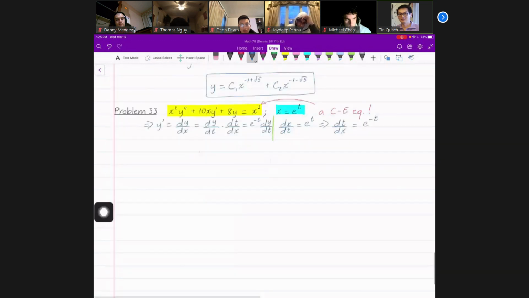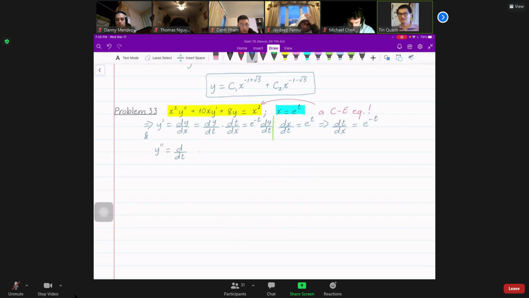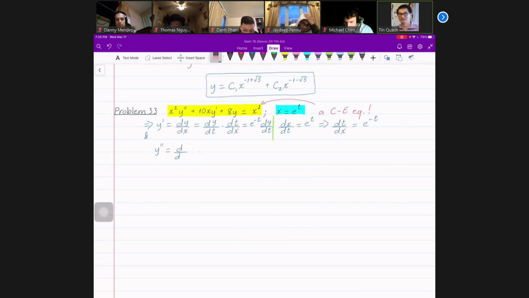So, y double prime, okay, is the derivative of... let me write it out so you can see. It's the second derivative, which is the derivative of the first derivative.